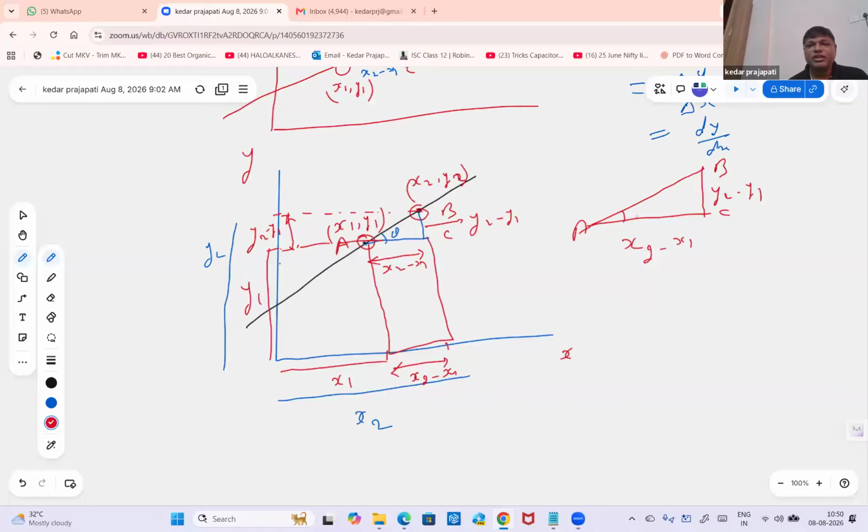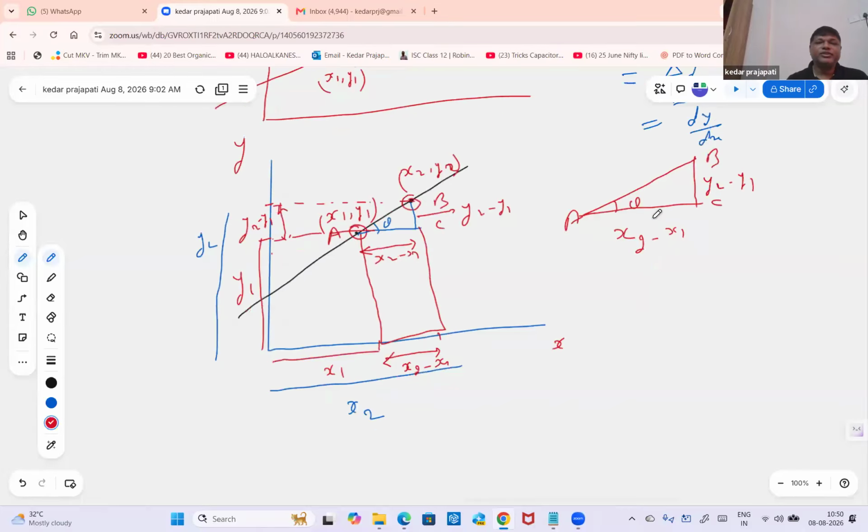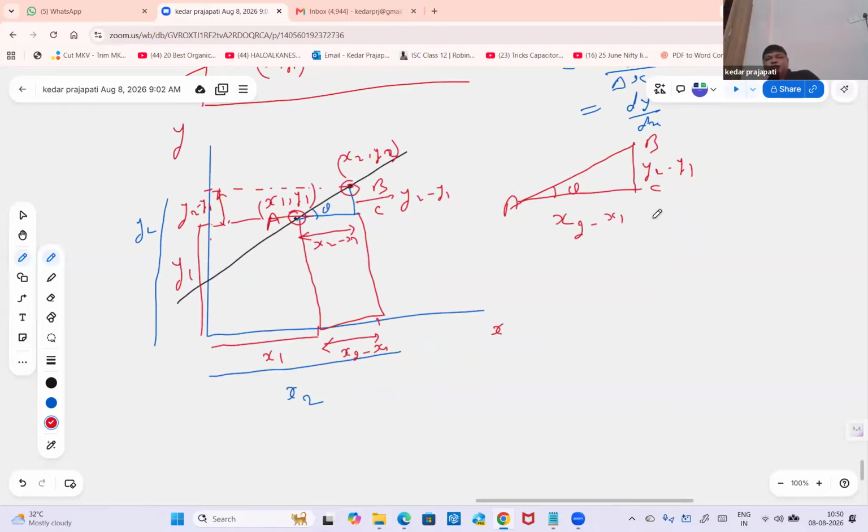Now this is theta. And in order to find theta, I have to find tan theta. So now from this triangle, tan theta is equal to perpendicular by base. This is your perpendicular. This is your base. And this is your hypotenuse from Pythagoras theorem. So this tan theta is BC by AC.